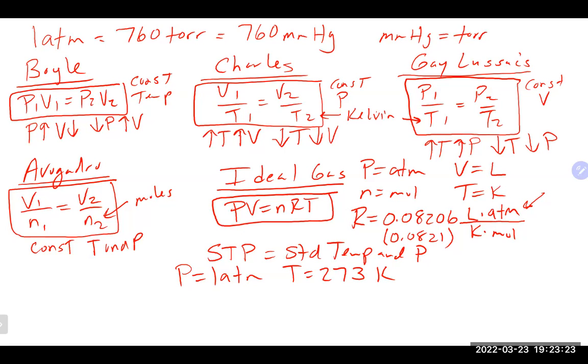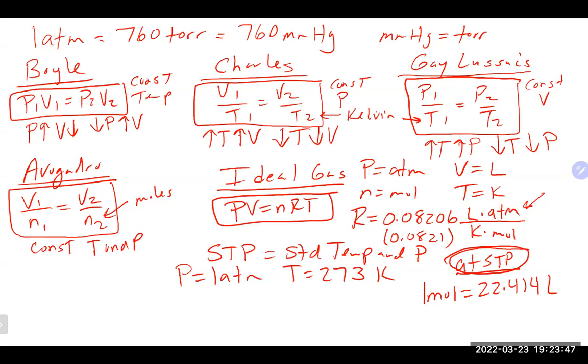Now, there is a relationship that is sometimes helpful if you are at STP conditions. At STP conditions, and only at STP conditions, 1 mole of a gas will equal 22.414 liters. This is a conversion, again, that you can only use if it is STP conditions.